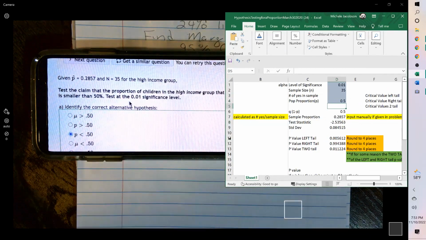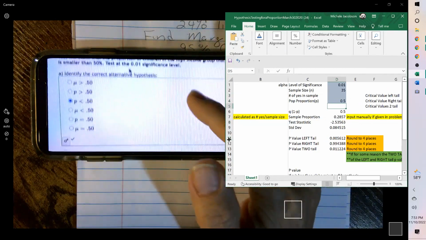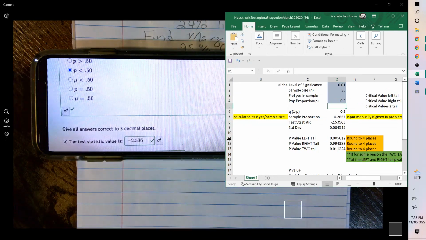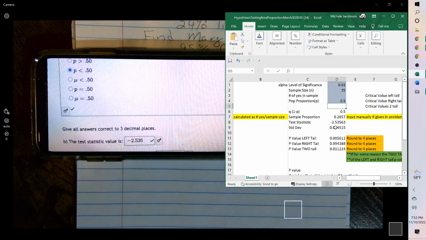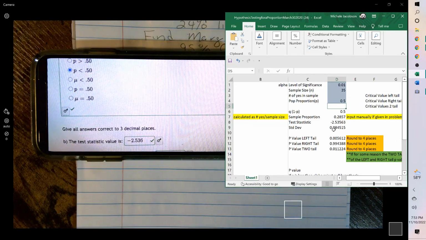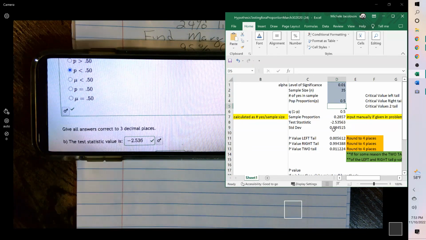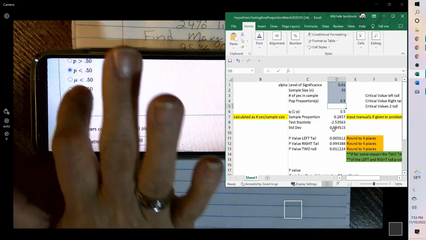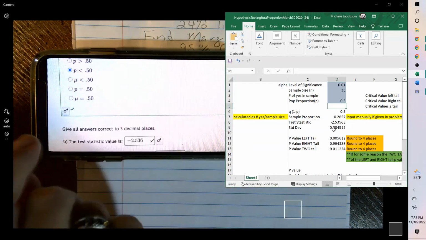And then we wanted the test statistic, which is right here. This would be a left tail.